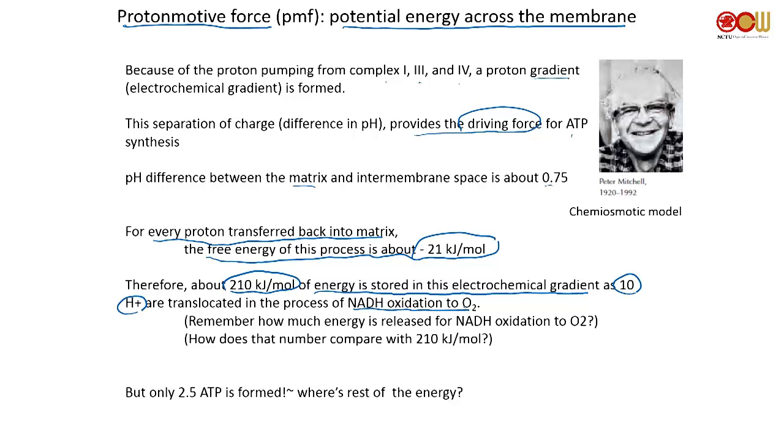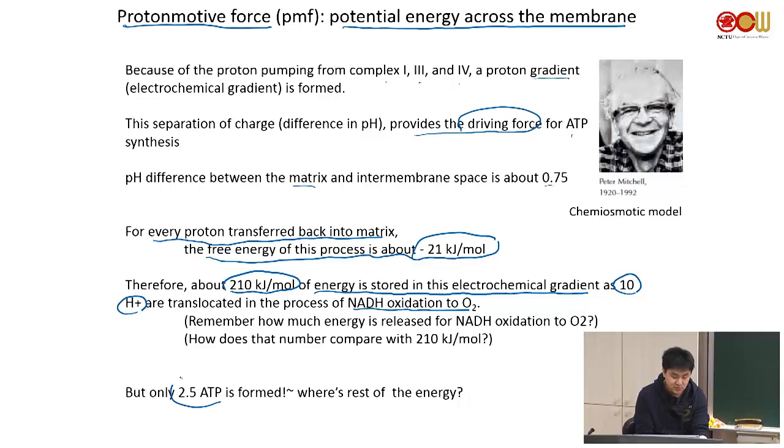Remember how much energy is released for NADH oxidation to O2? 210. So it's about the same. So NADH passing electrons to O2 making water, you will store about 210 kilojoules of energy. Now, only 2.5 ATP is formed, so where's the rest of the energy to provide driving force?